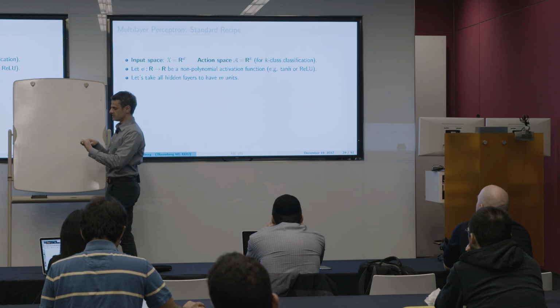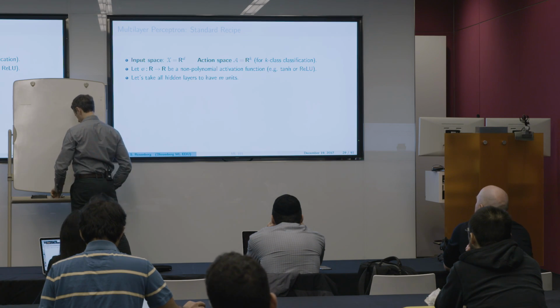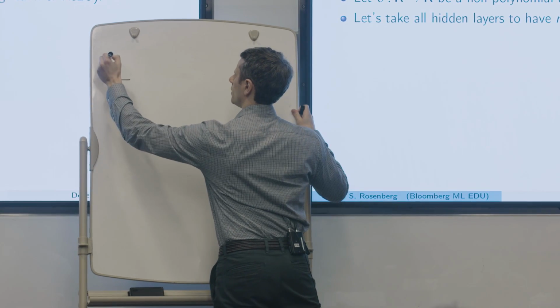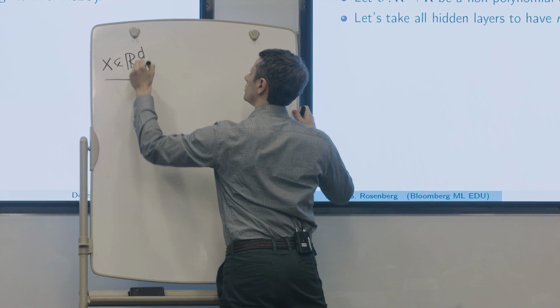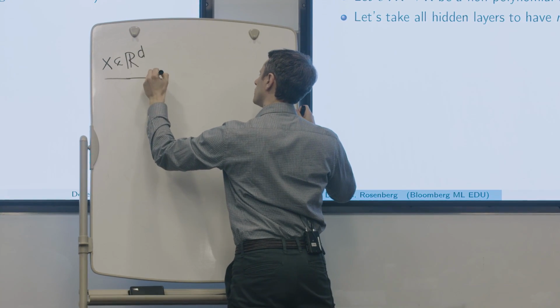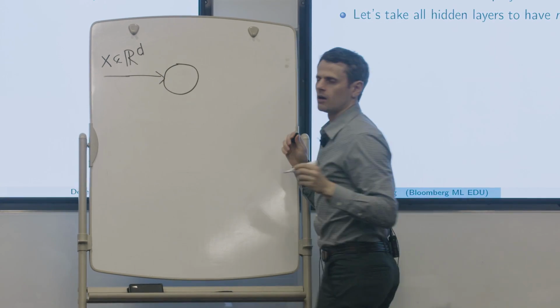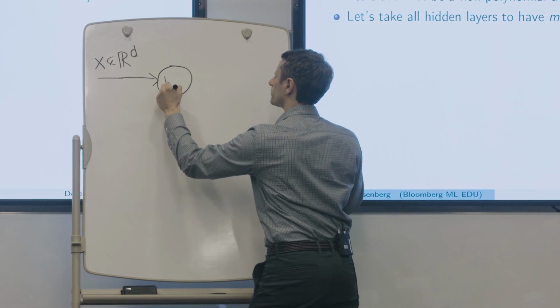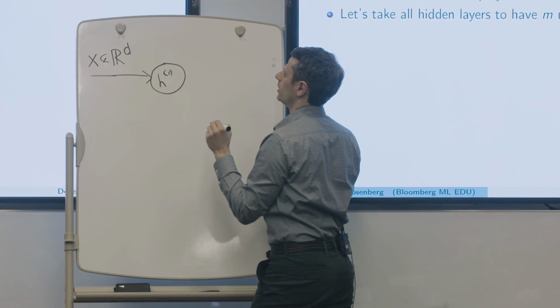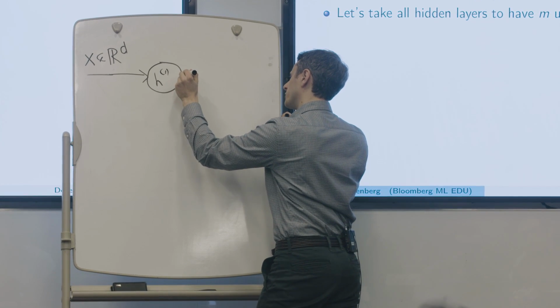So the input is in R^d. So let's just write x is in R^d. And that feeds into the first hidden layer, H1. All right. And what kind of parameters do we need for figuring out the output?